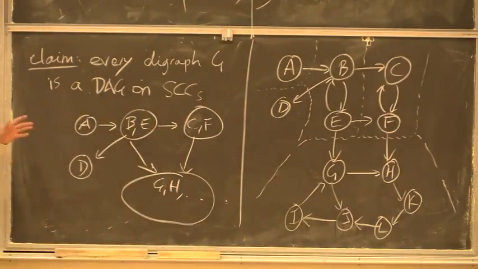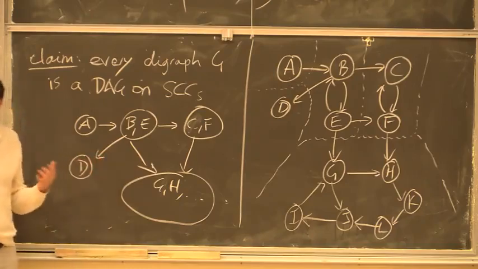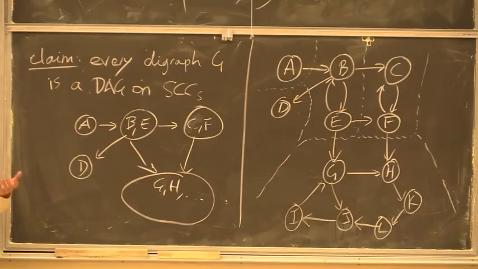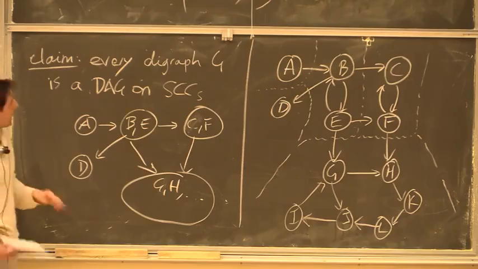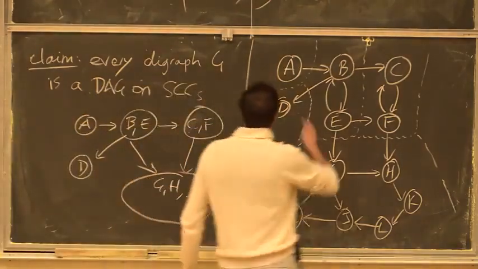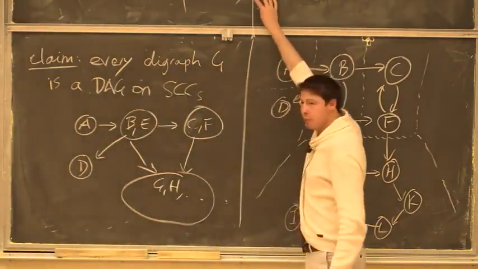And notice that this is actually a DAG, okay? Let's try to understand why it is a DAG. If there were a cycle between any number of strongly connected components, what would happen? It would, again, shrink back to a super strongly connected component, okay? So our problem was to find strongly connected components.